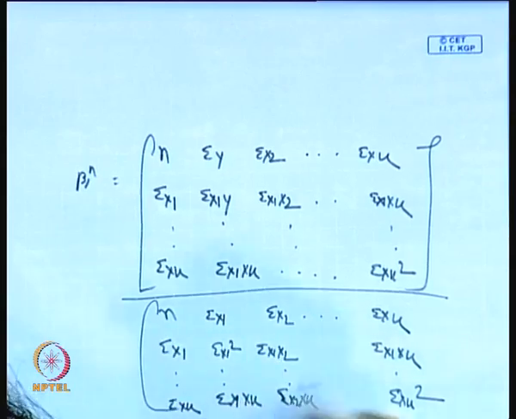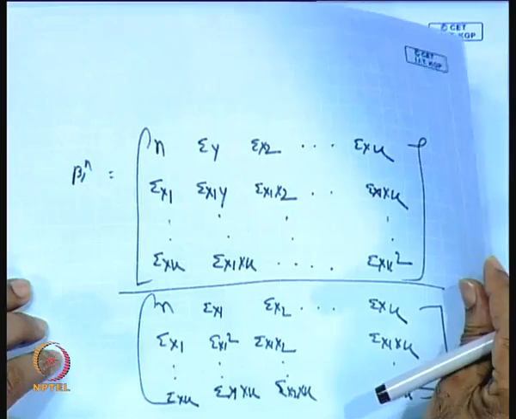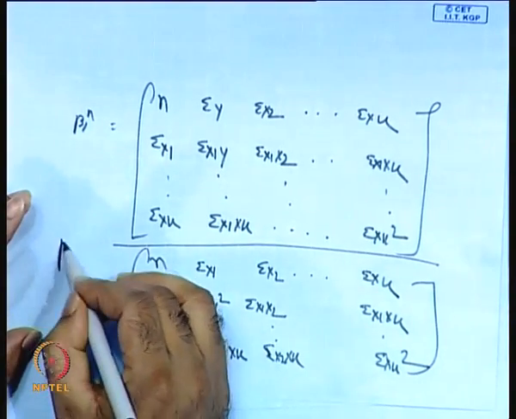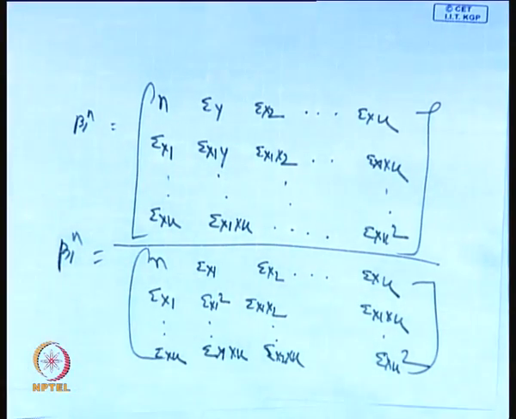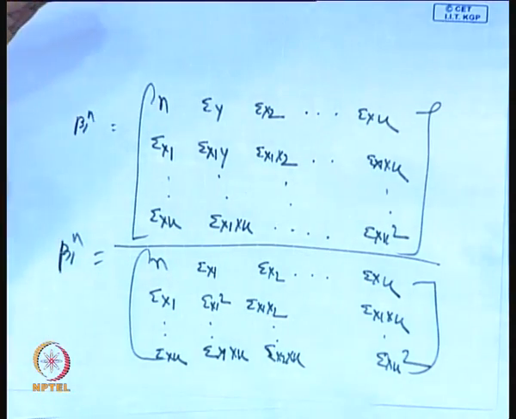So this is the entire structure. That means the beta 1 head coefficient will be like this: this particular determinant divided by this particular determinant. Similarly, we have to calculate beta 2 head, beta 3 head, up to beta k head.